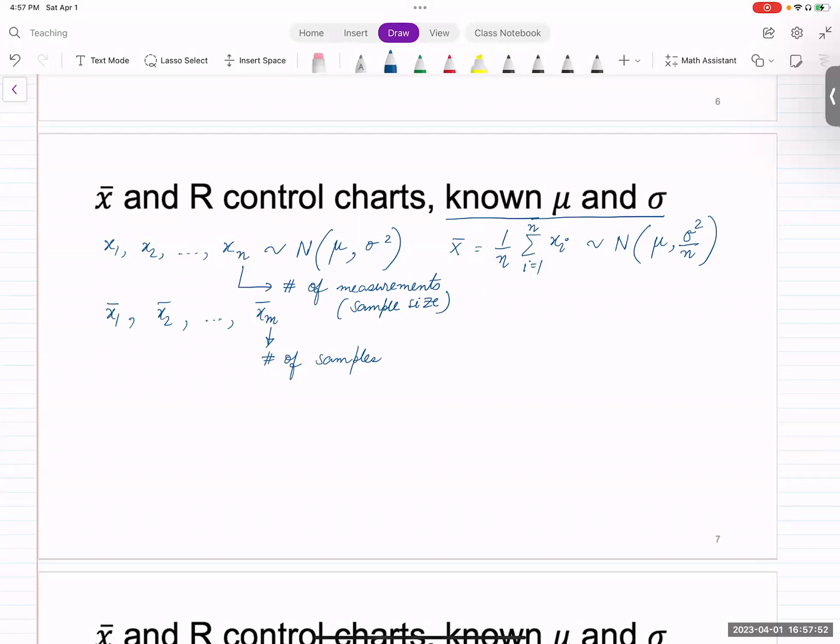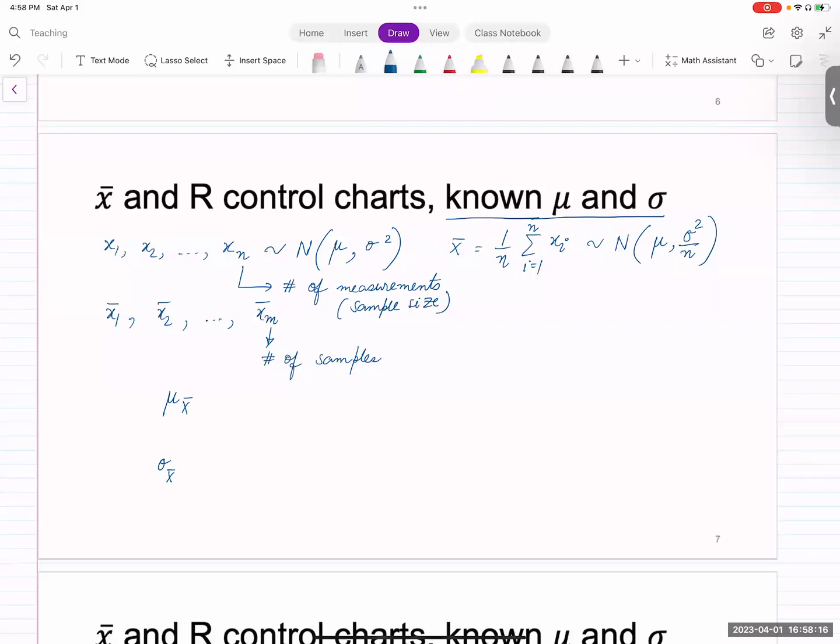Now that we have set up the problem, for developing a Shewhart control chart, you always need two things. You need mu of that quality characteristic, in this instance X bar. So you need mu of X bar and you need sigma of X bar. If you have these two things, then you can construct a control chart.